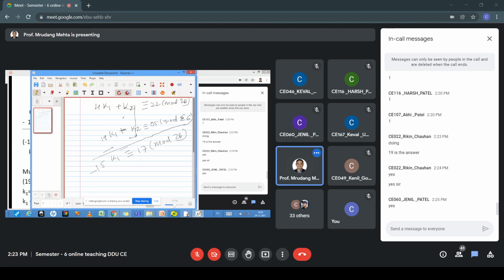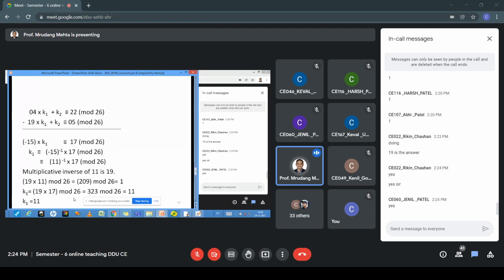And so K1 is equal to minus 15 inverse multiplied by 17, right? And so that is equal to 11 inverse into 17. 11 inverse we already found, 19 into 17. So 19 into 17 results into 323.